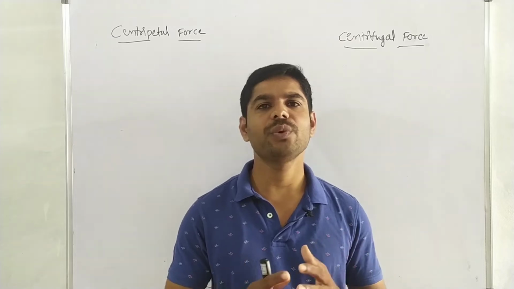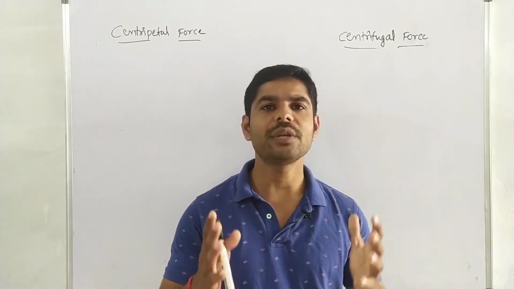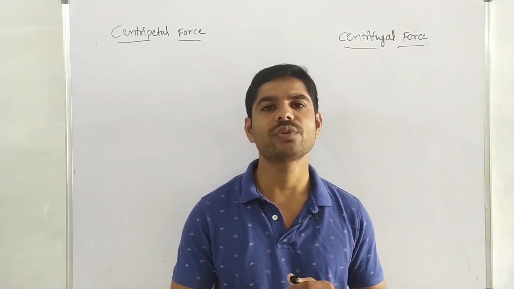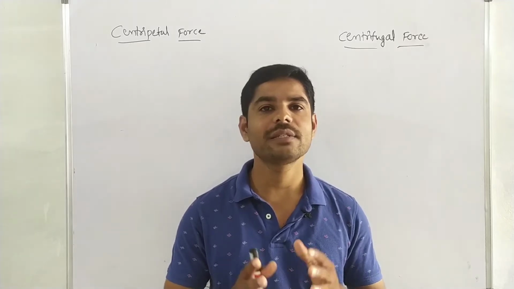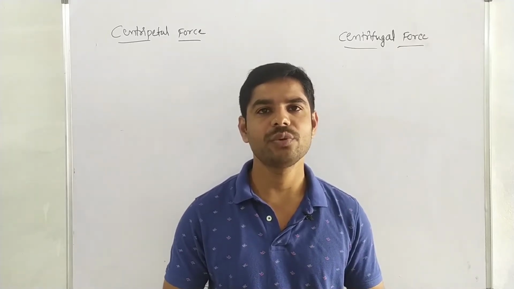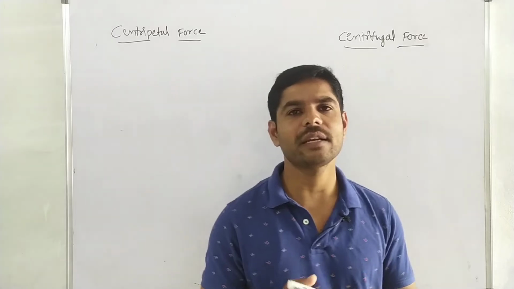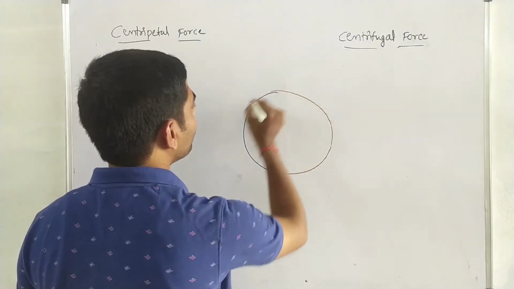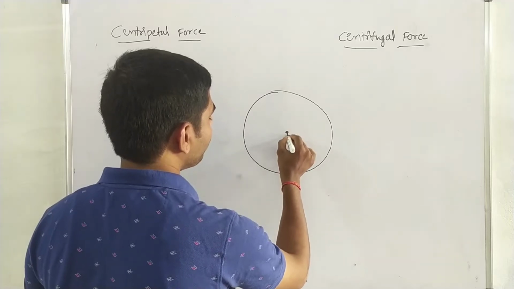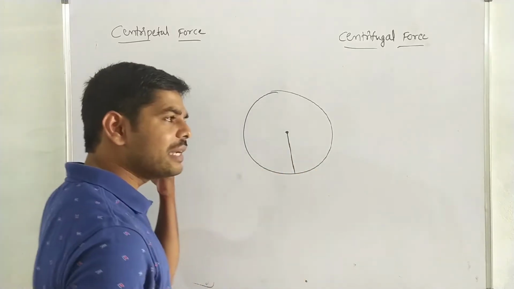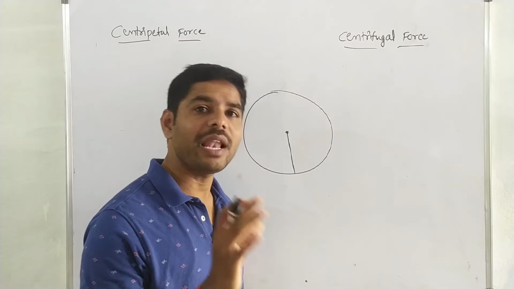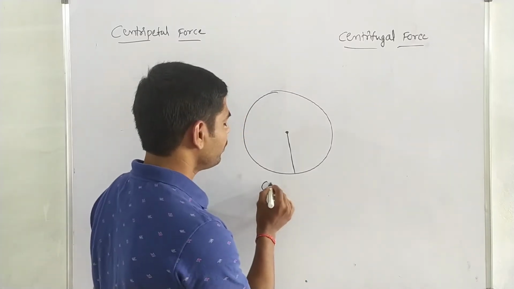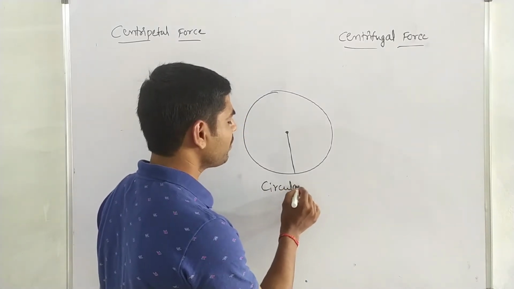Before explaining what centripetal force and centrifugal force are, I would like to explain circular motion. In an entire circular motion, the centripetal and centrifugal force are involved. But before that, you have to know about circular motion.